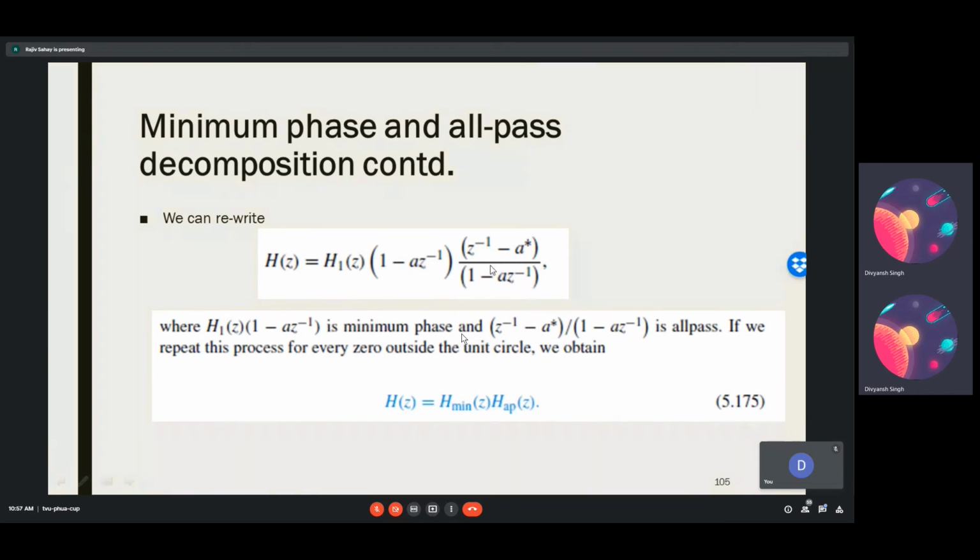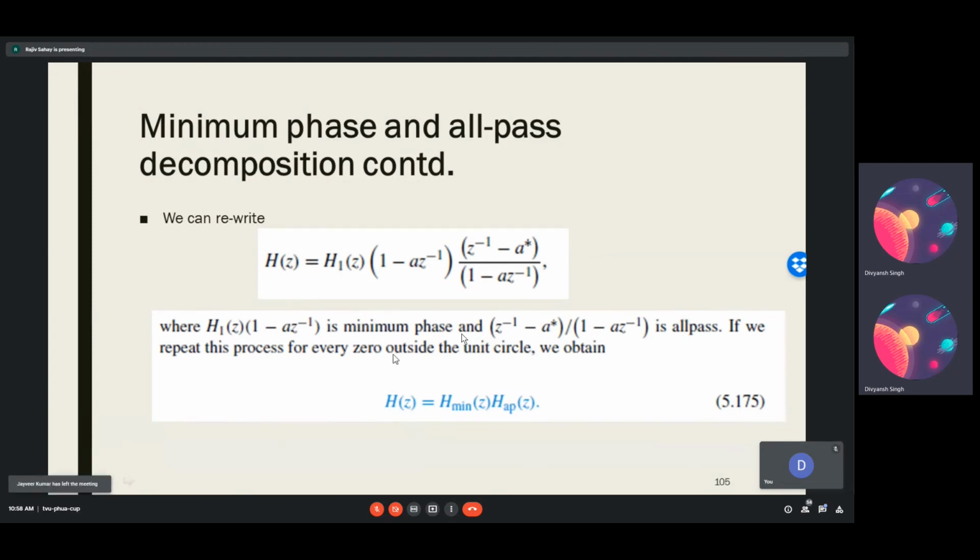One is an all-pass system and the other one is a minimum phase system. So H1 of z into 1 minus a z inverse is minimum phase. So 1 minus a z inverse will produce a zero which is lying inside the unit circle. And z inverse minus a star divided by 1 minus a z inverse is an all-pass system.